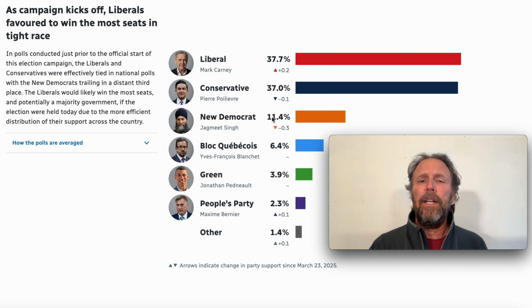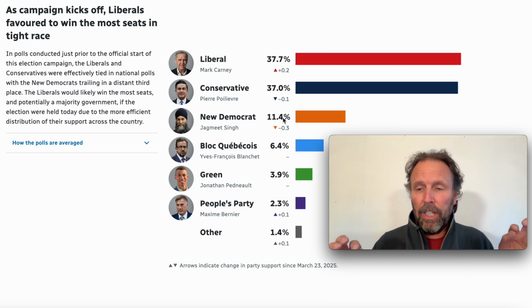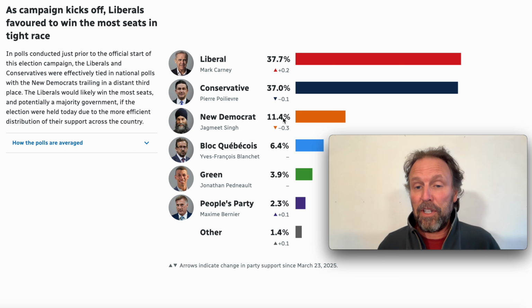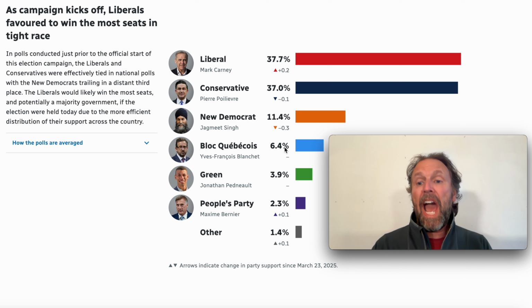The NDP currently is at 11.4%. This is popular vote, but let's not get fixated on whether the actual polling results are meaningful or not. Let's just look at the example here. The Bloc Québécois is polling 6.42% of the popular vote. And let's look at first at the New Democrats polling at 11.4% of the popular vote compared to the Bloc, which is polling half that amount.